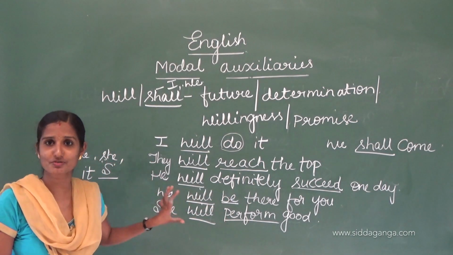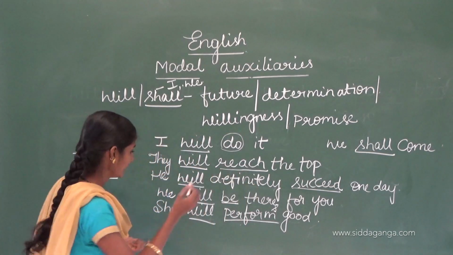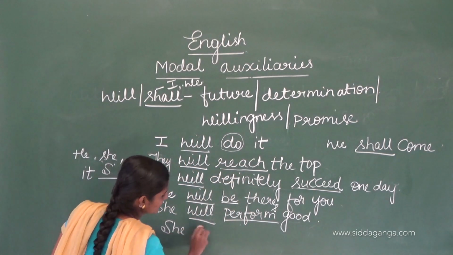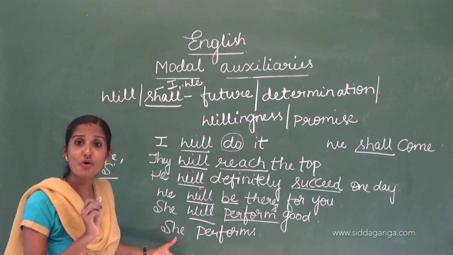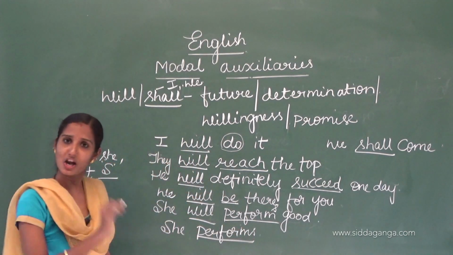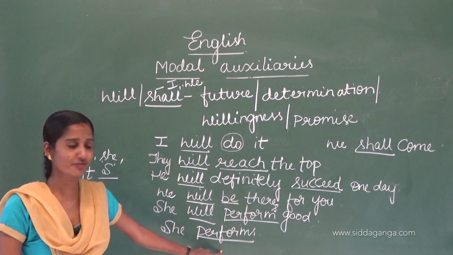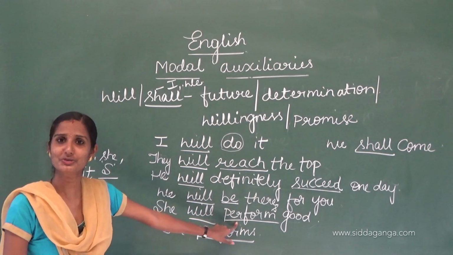When the modal verbs come, then we can't add s to this. If you are using without modal verb, you have to write, she performs, right? Because here the verb is alone and it is the present form of the verb. But here it is the future, so you should not add s to that.